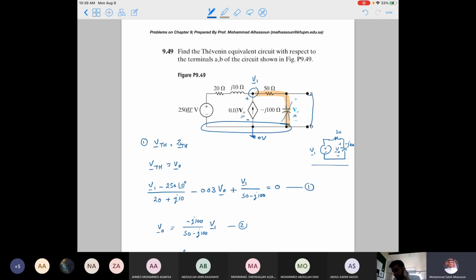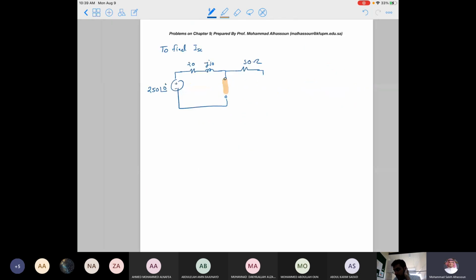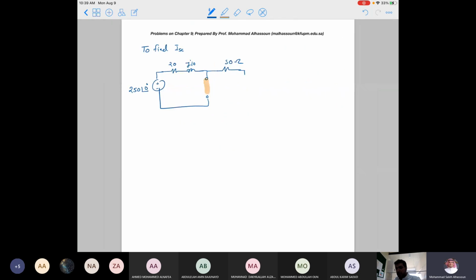And the voltage of the short circuit will be 0, which is the voltage that controls the current, which means that the dependent current source has 0 current, which implies that a current source with 0 current is actually an open circuit.